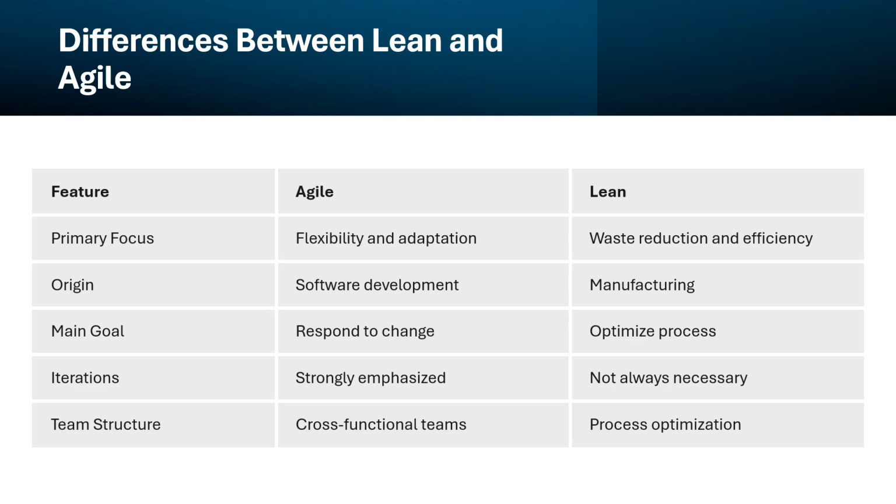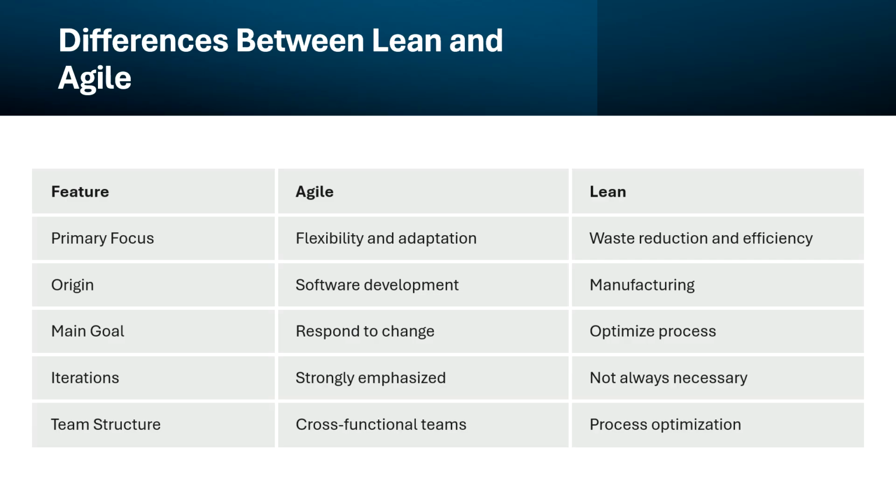Although lean and agile are similar, but जैसे मैंने कहा, they do have differences. So agile का focus क्या है? Agile का focus flexibility पे है, adaptation पे है, responding to change पे है. लेकिन lean का focus जो है, that is on waste reduction, and I have already explained कि waste से क्या मुराद है. It is focused on efficiency and process optimization.